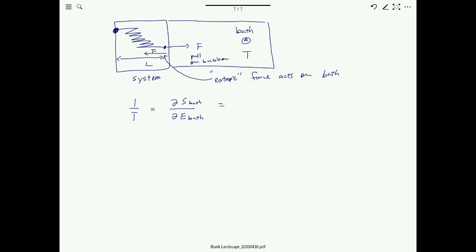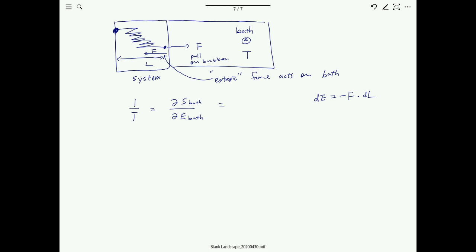Now, I want to connect this to F. If I allow my capital L, my total length, to change, that means I am going to insert energy to the bath, with proper sign. I know if I have a force F and my distance is dl, then my energy change dE is F dot dl, and let's have a convention that this is a minus.